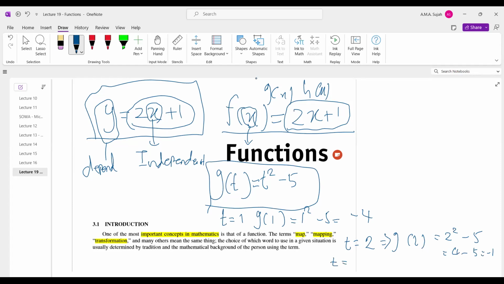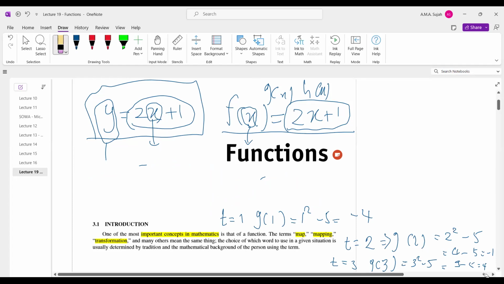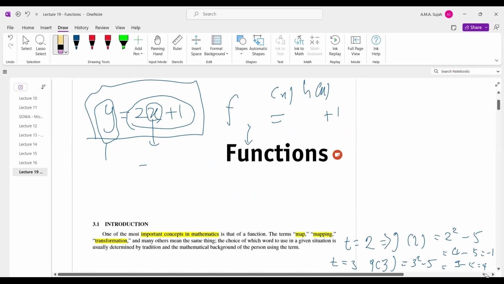Then if I put t is equal to 3, g of 3 is equal to 3 to the power 2 minus 5, 9 minus 5, 4. Likewise, depending on the value we are putting for the variable, the function will change. So functions means the relationship between the variables, right?